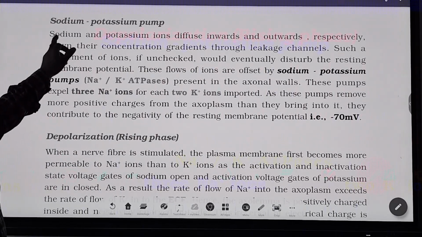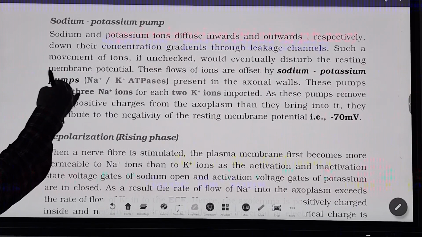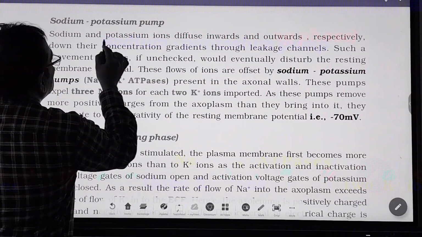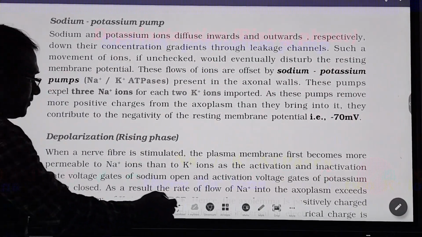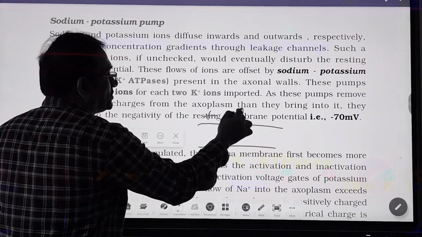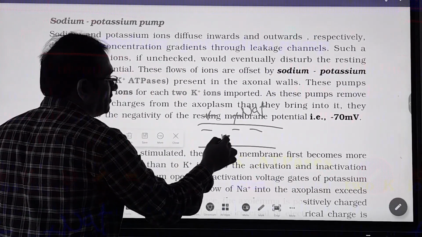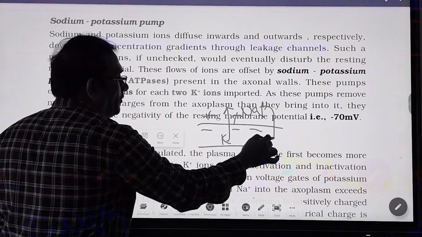If we look here, sodium and potassium ions diffuse inwards and outwards respectively. Means sodium diffuses inwards, potassium diffuses outwards. So always outside is positive, means sodium is present outside, inside is negative, inside potassium is present. So potassium is going outward, sodium is coming inward.